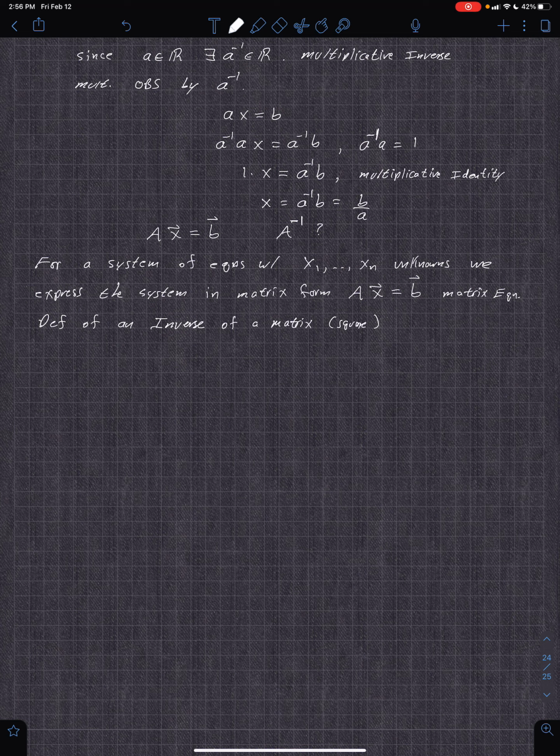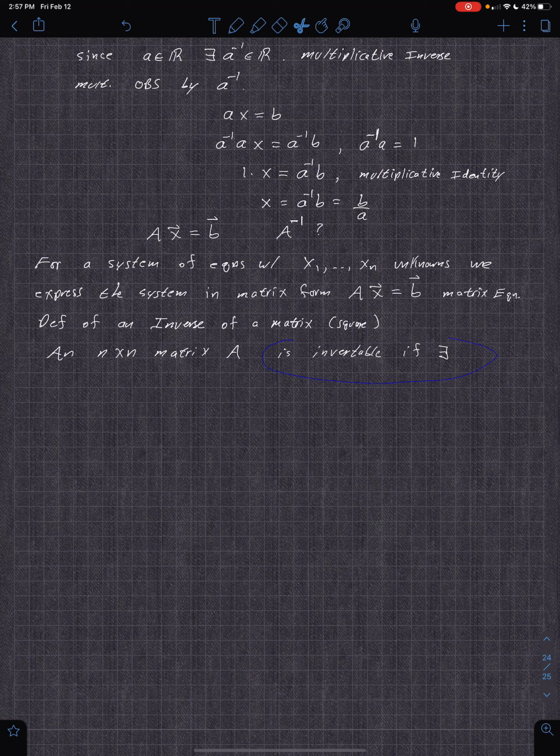So here we go. An n by n matrix is invertible, meaning an inverse exists, if there exists, let me say it like this, an n by n matrix A is invertible.